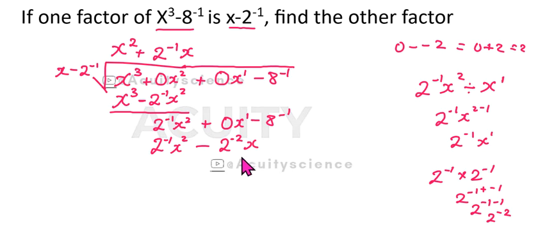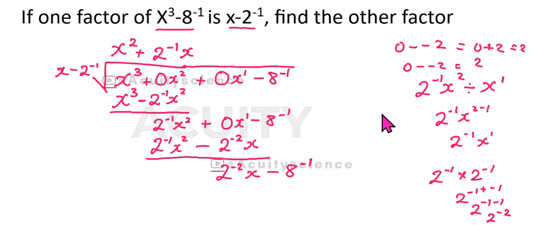Yep, we're good. Now we subtract again. This minus this, we'll get a 0. Now 0 minus minus 2 will end up with a 2 again. So put the 2 raised to the power minus 2 x, and then we'll bring down the minus 8 raised to the power minus 1. All right, let's divide again.